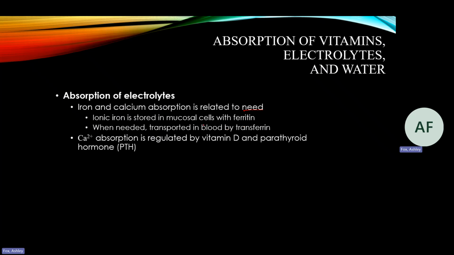You can't have that in the body. And calcium absorption we've discussed way back in AMP2 and our endocrine system, because we need parathyroid hormone and vitamin D to regulate calcium absorption. Remember, calcium absorption is dependent on vitamin D and parathyroid hormone saying that calcium levels are low and we need more.